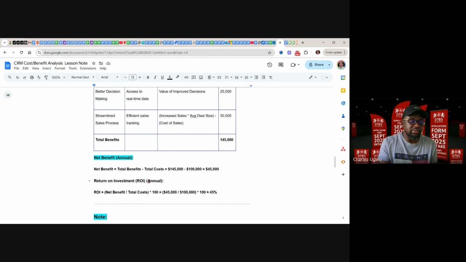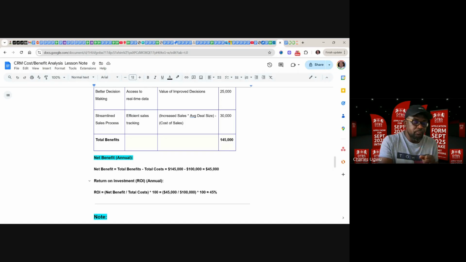That means we have 45% return on investment. It means the business or the solution is worthwhile and should be continued. That's how to do it.